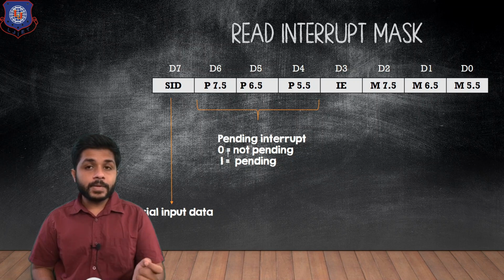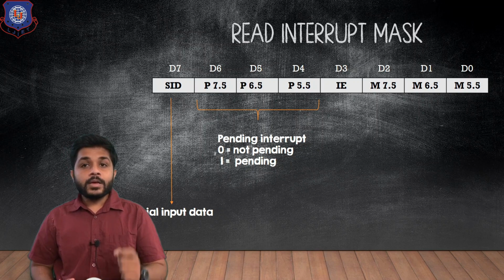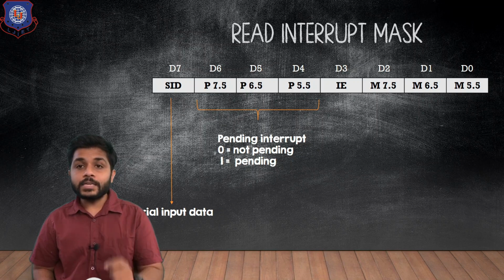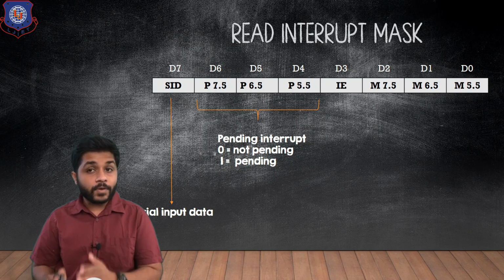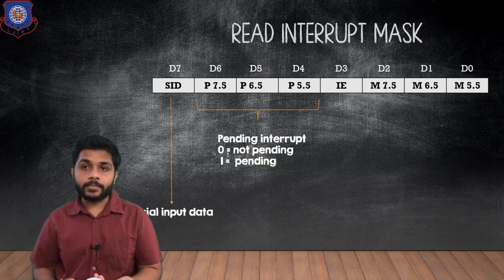If any of these bits is 0, that particular interrupt is not pending, and if it is 1, that interrupt is pending. For example, if D5 is 0, the RST 6.5 interrupt is not pending. If D4 is 1, the RST 5.5 interrupt is pending.